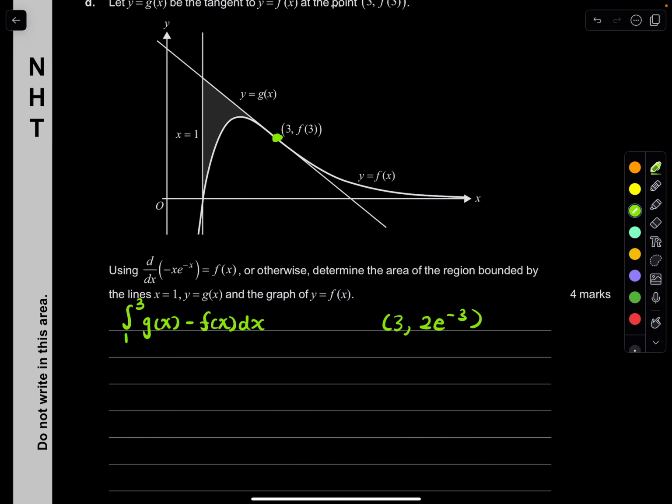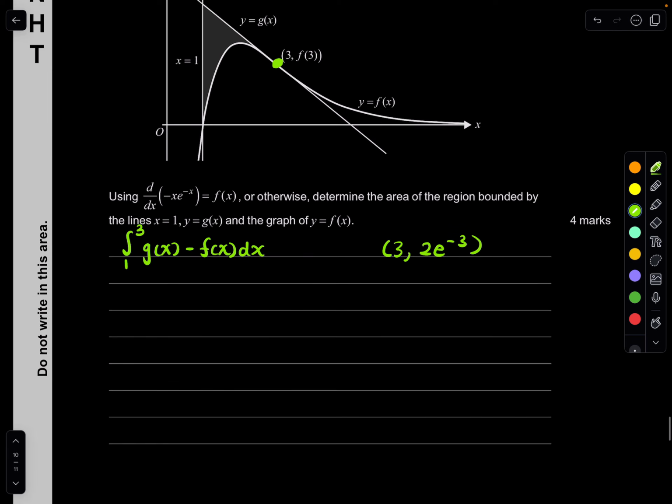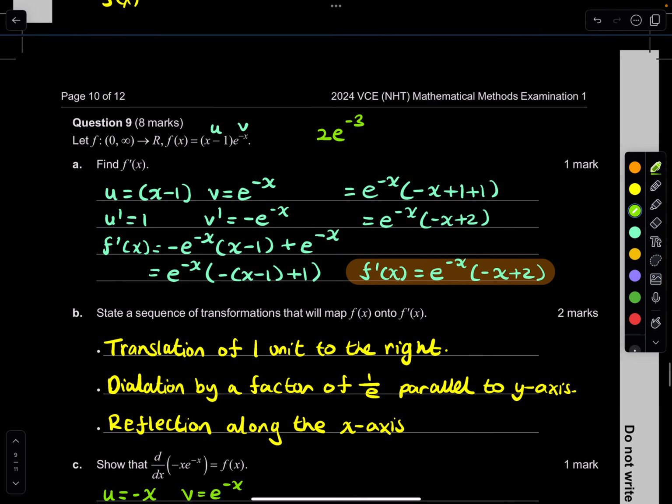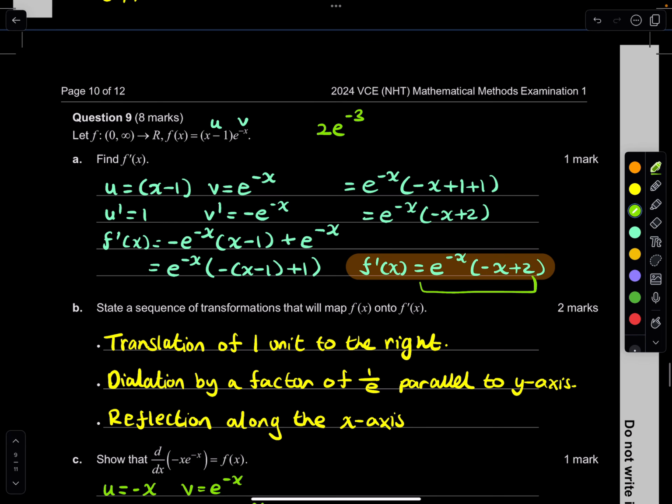This is that point. We also need the gradient, which is quite easy because we did calculate the gradient, which was this one over here. If I sub in 3, it'll be e to the negative 3.